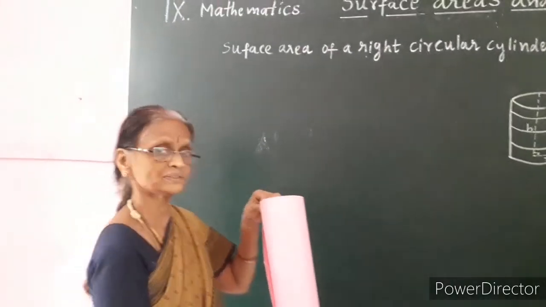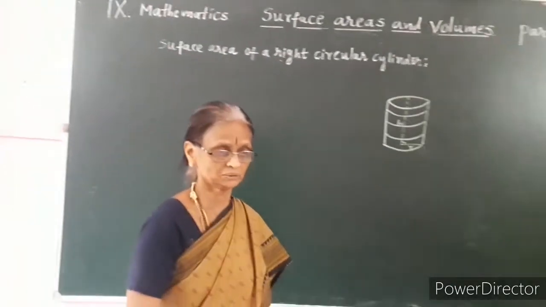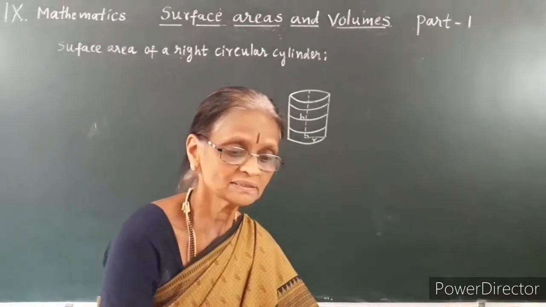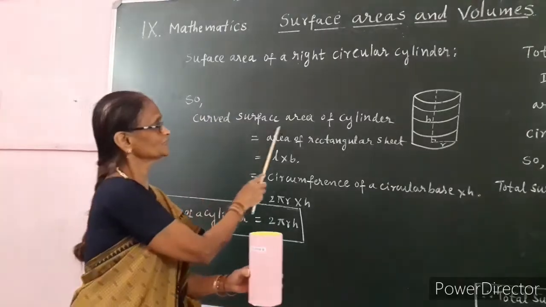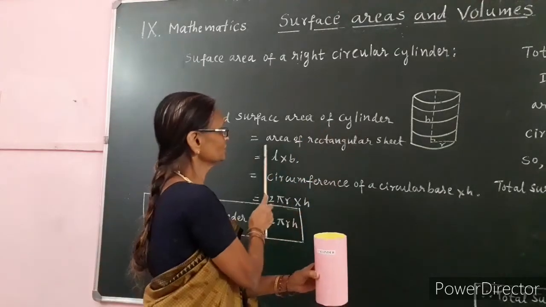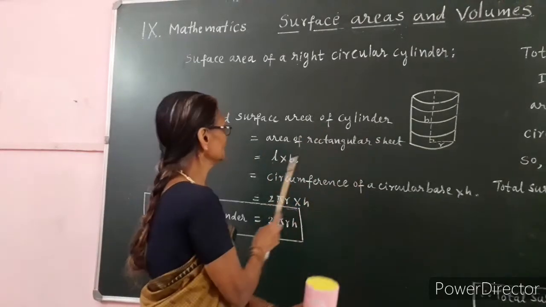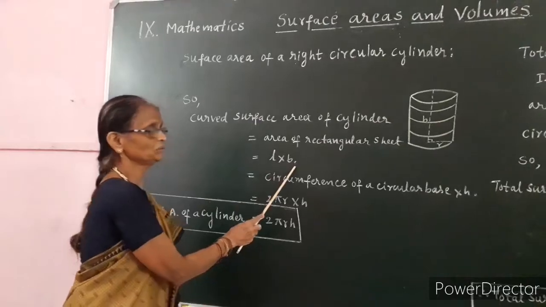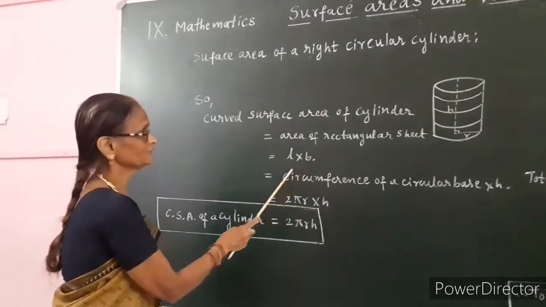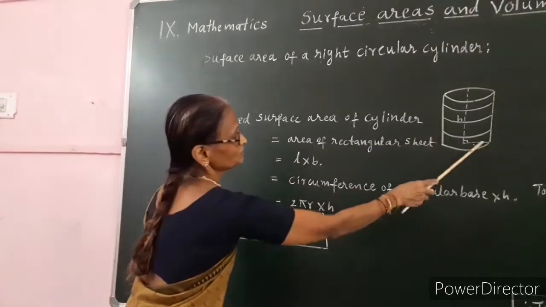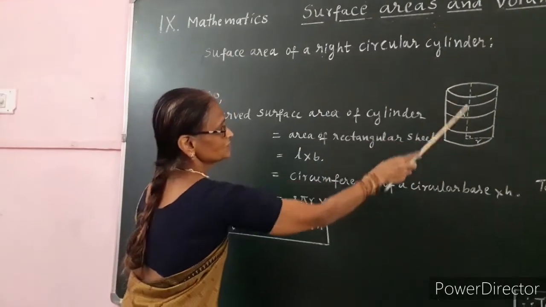Now the area of the rectangular sheet equals the curved surface area of the cylinder. So the curved surface area of a cylinder equals the area of the rectangular sheet, that is equal to L into B. We know that the area of a rectangle is L into B. Here L becomes the circumference of the base of the cylinder, and B becomes H of the cylinder.